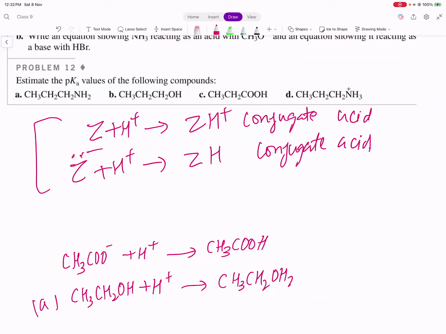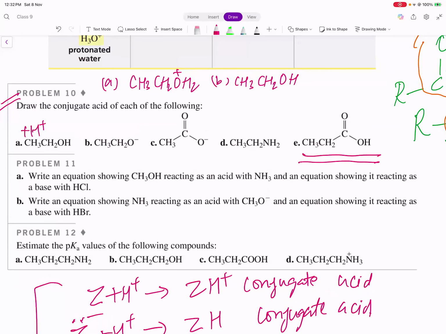Okay, same in D, Ananya, we have to write CH3CH2NH3 plus, right? Yes, sir. In the E also it will be OH2 plus. In the part E also, it will be CH3CH2COOH2 plus, right?